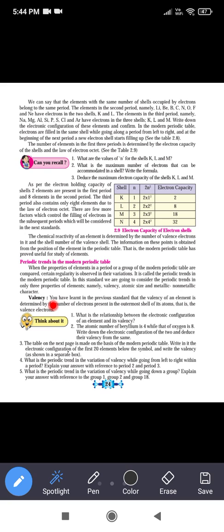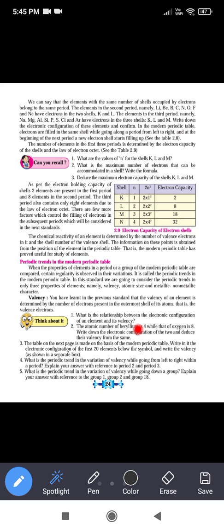Valency. Now the first property, valency. You have learnt in the previous standard that the valency of an element is determined by the number of electrons present in the outermost shell of its atom. That is the valency, valence electrons. First question: what is the relationship between the electronic configuration of an element and its valency?